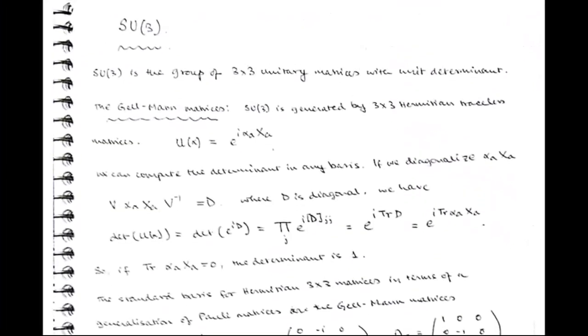But before I end today, I wanted to give you a slight glimpse of SU3. After SU2, the most important algebra in all of physics, especially in particle physics, is SU3. It may actually be even more important than SU2.